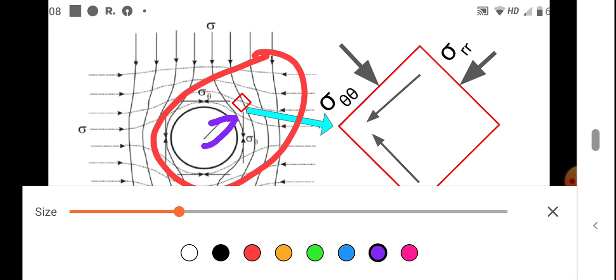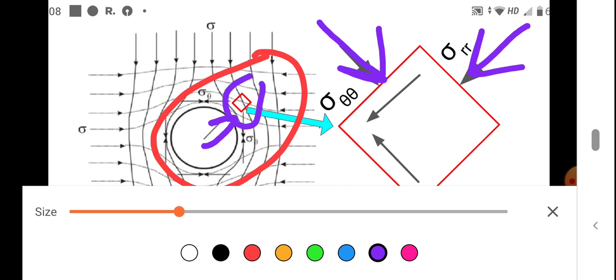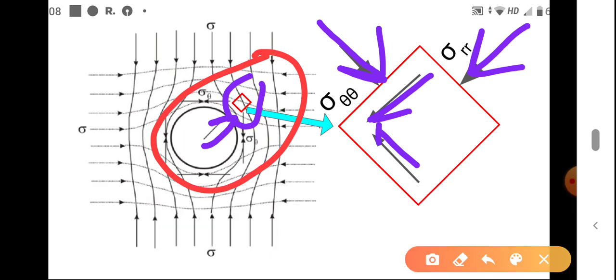Then the stress in that face is your radial stress, that is sigma rr, and the stress perpendicular to the face of this radial stress is your tangential stress, that is sigma theta theta, and the shear in that element is your shear stress, that is sigma r theta.